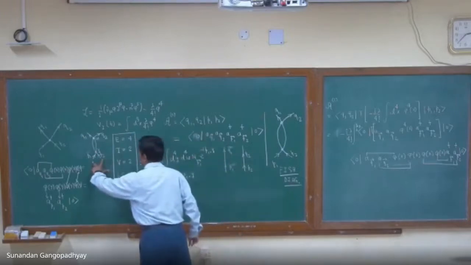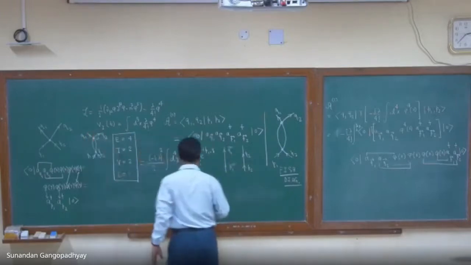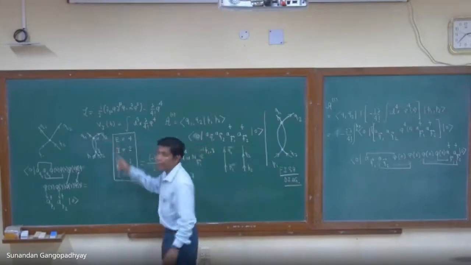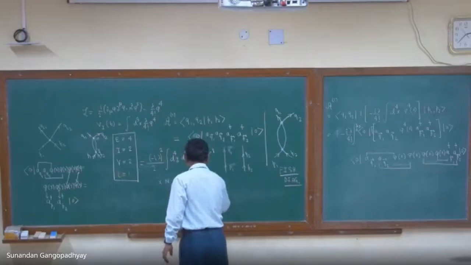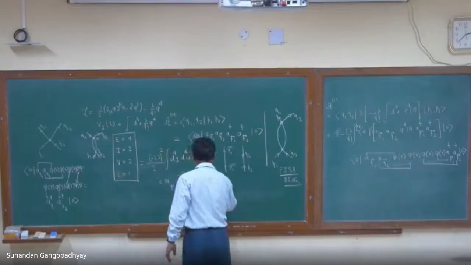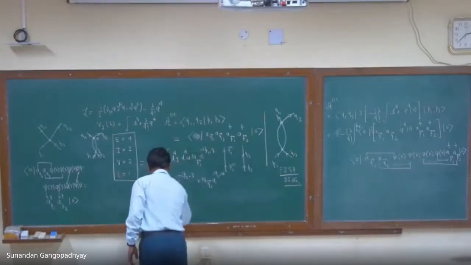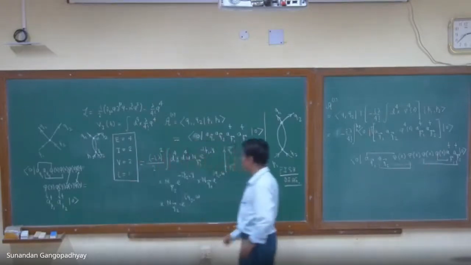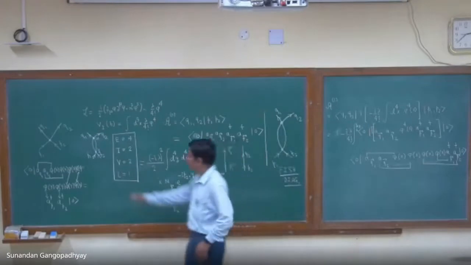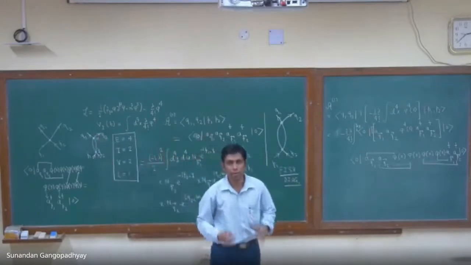So these 2 external lines are taken care of. Now let us look at these 2 external legs. These are also sometimes called external legs or lines. Now we have N_q1 e to the power of i q1 dot w, N_q2 e to the power of i q2 dot w. So the four external lines or external legs are also taken care of.